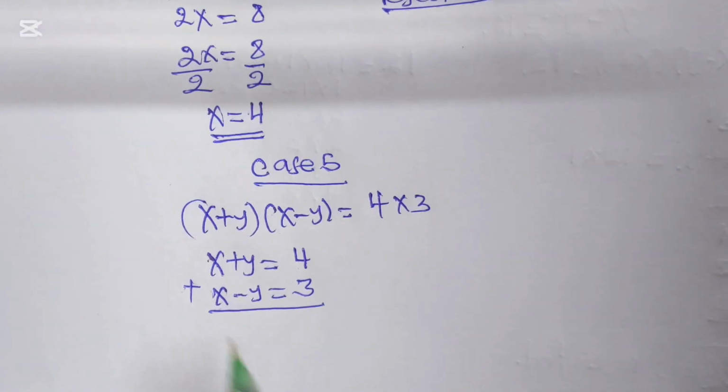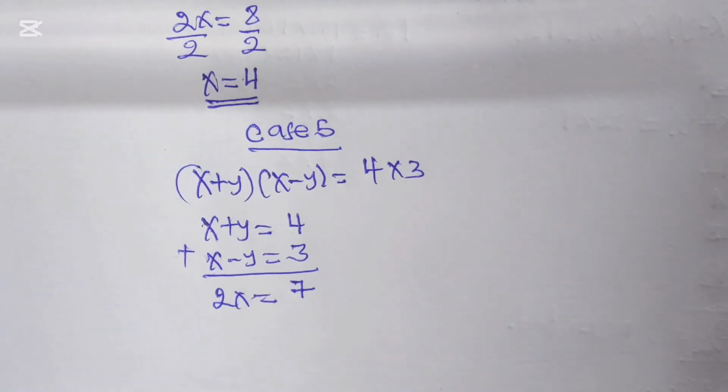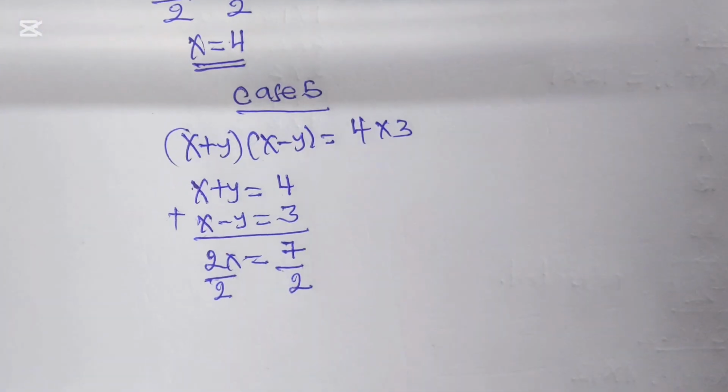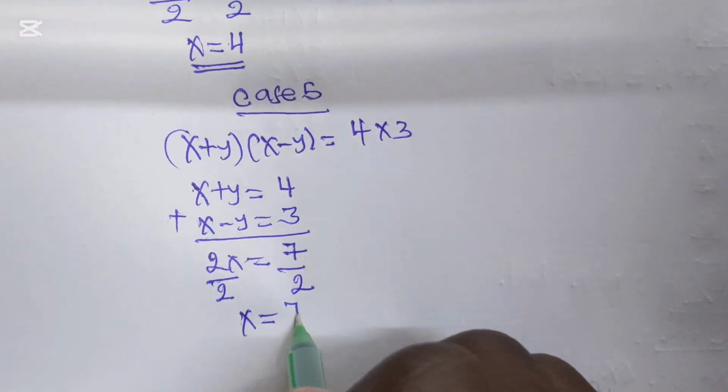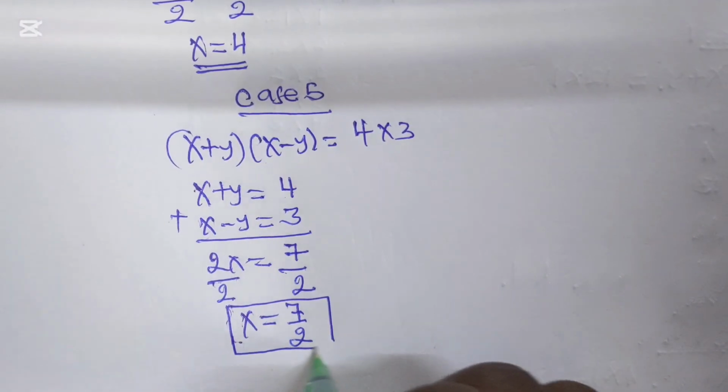By adding, 2x will be equal to 7, then dividing by 2, our x will be equal to 7 over 2.